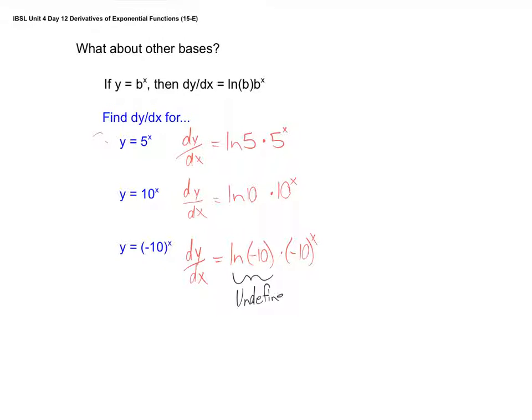Remember, the domain for the log function is that the argument has to be greater than 0, because these log functions look like this, and there's an asymptote at x equals 0. So the derivative is undefined for that function. That function's not differentiable, we would say.